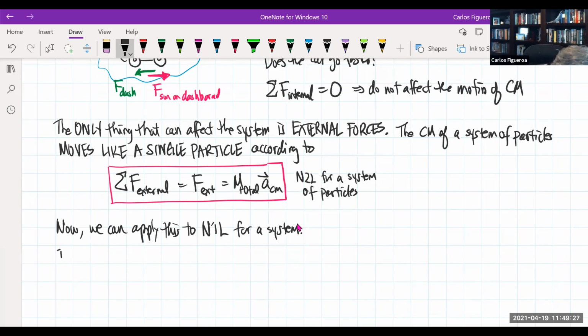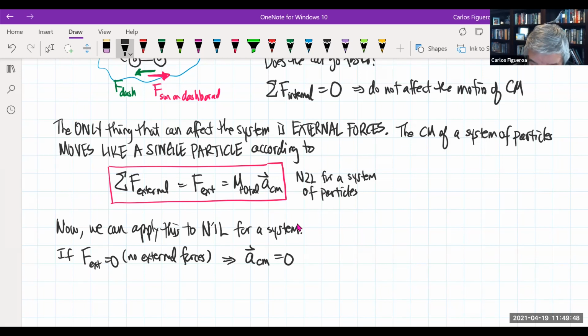So if the external forces is equal to 0, right? So that means no external forces. Then that tells me that the center of mass acceleration must be 0. So we must have a situation of what? Static equilibrium or dynamic equilibrium.